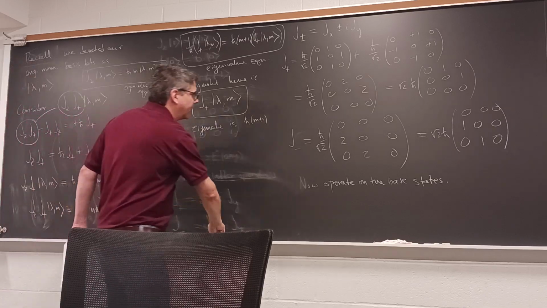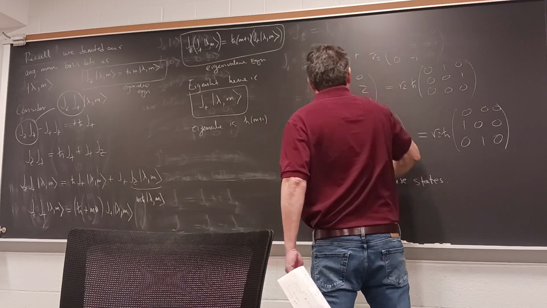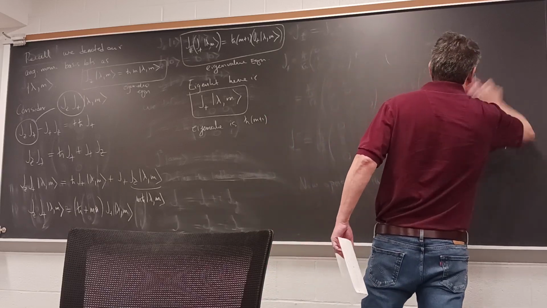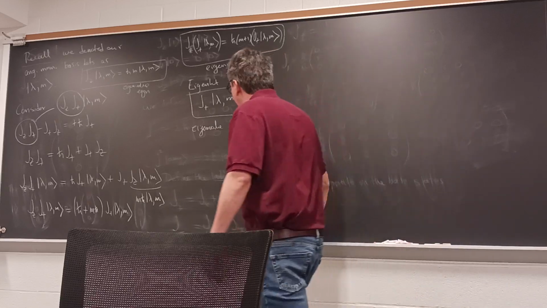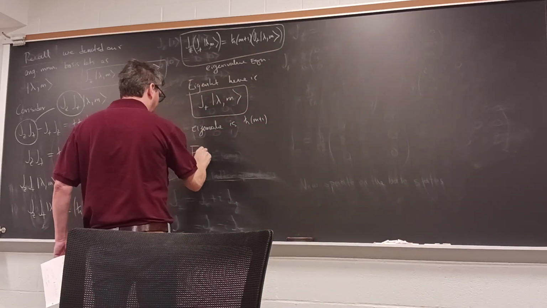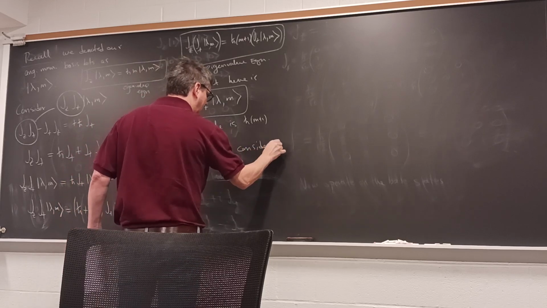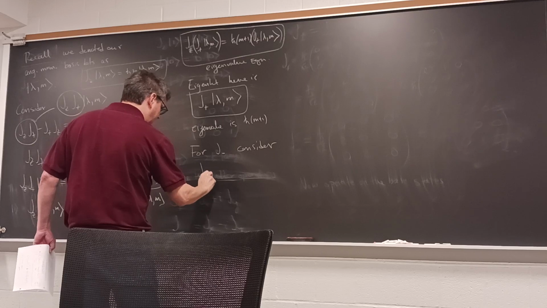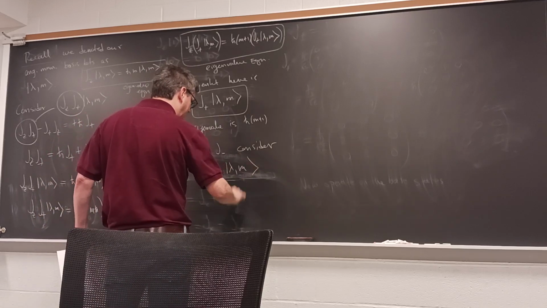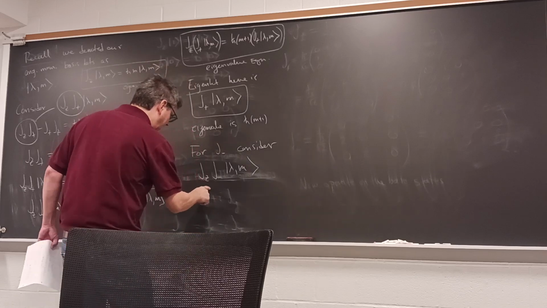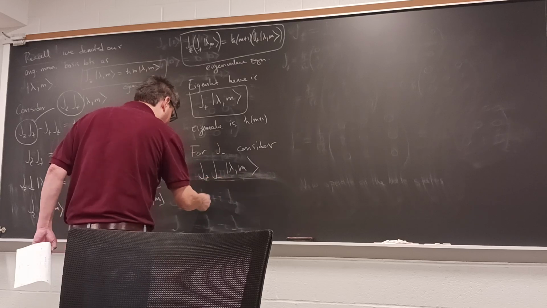Okay, so let's do that here for j minus. For j minus, we would consider jz j minus on the ket lambda m. But again, we don't know how j minus acts on this ket, just jz. So we have to do the commutator again.